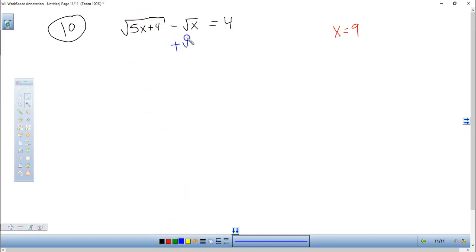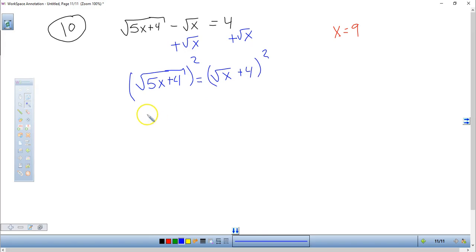Same thing as before. I'm going to add the square root of x. So square root of 5x plus 4 equals square root of x plus 4. I need to square both sides. So I get 5x plus 4 on this side.